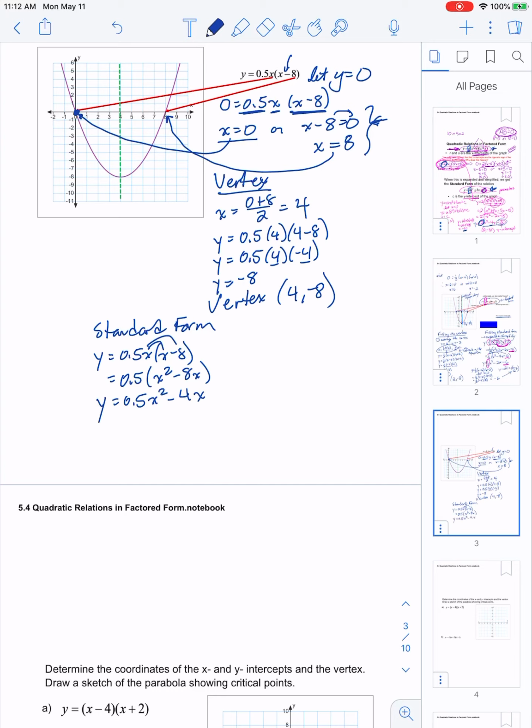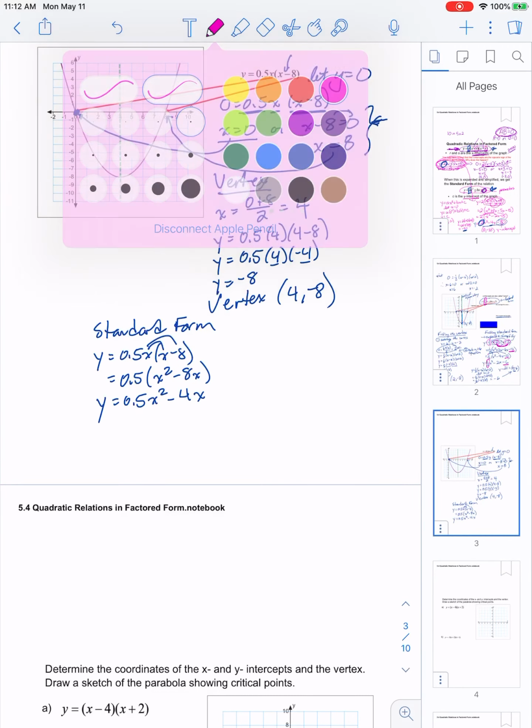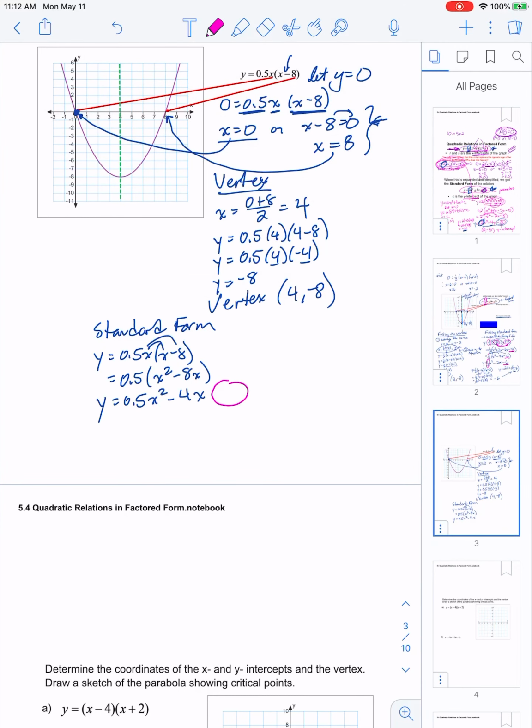Notice there's nothing here at the end. The plus c part, remember, and these are all basically trinomials. There should be 3 terms in standard form. Any parabola should have 3 terms. In fact, they all technically have 3 terms. Sometimes you can only see 2 of them though, because that third one is 0.